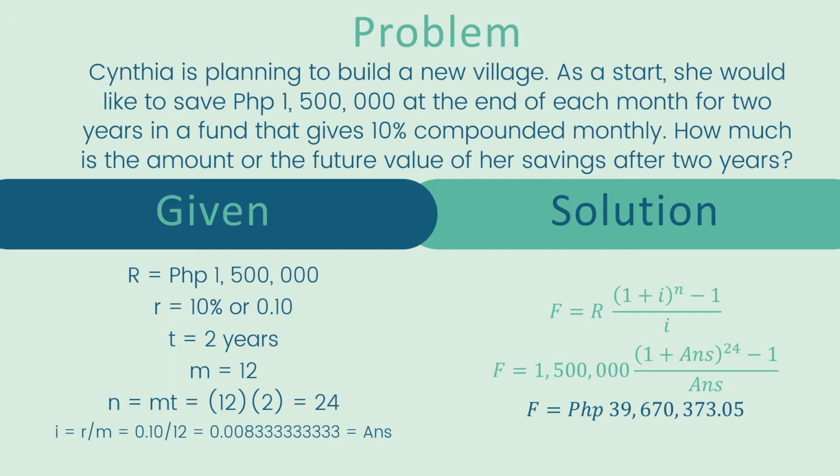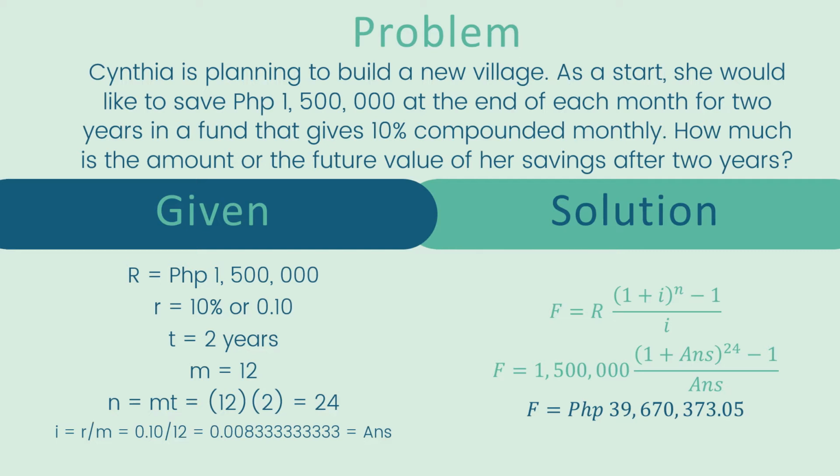So for our solution, future value has a formula of uppercase R or regular payment times 1 plus I raised to n minus 1 over I. If you substitute our value, we'll get 1.5 million pesos times 1 plus ans raised to 24 minus 1 over ans.